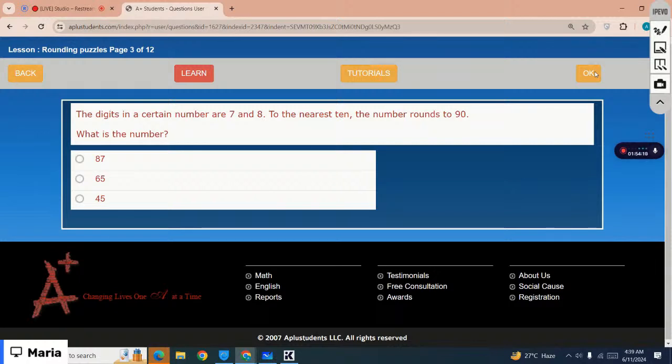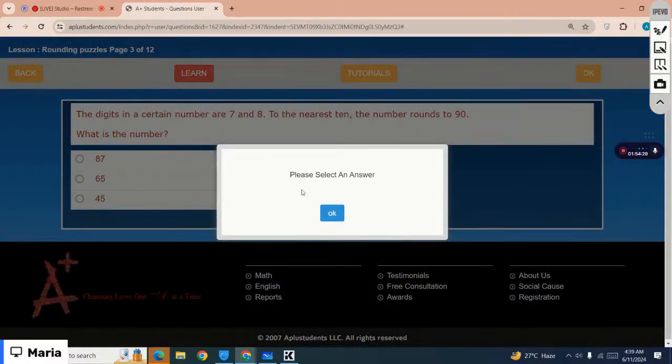The correct option is 87. 87 is the number that is rounded to 90. The correct option is 87.